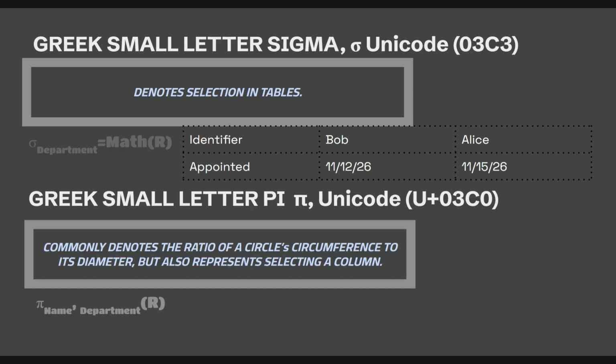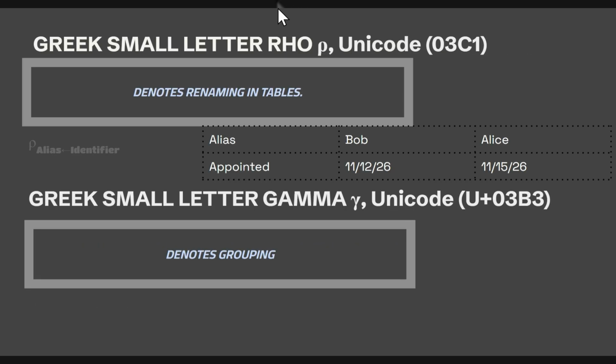Greek small letter sigma denotes selection of rows in tables. Small letter Greek pi is often used to denote the ratio of a circle's circumference to its diameter, but also represents selecting a column in relational algebra. Greek small letter rho denotes changing the name of a type.